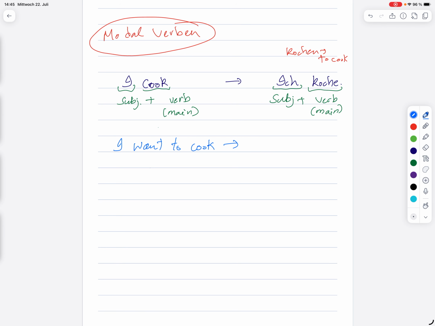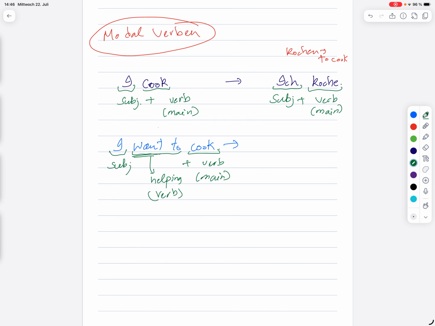Again we look at the structure: we have the subject, and we have the verb at the end, which is our main verb and defines the main activity. But we also have this want to, and this want is acting as a helping verb. This part is called a modal verb in English, and in German also we have the same thing.